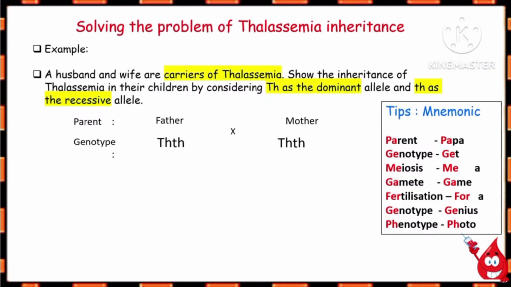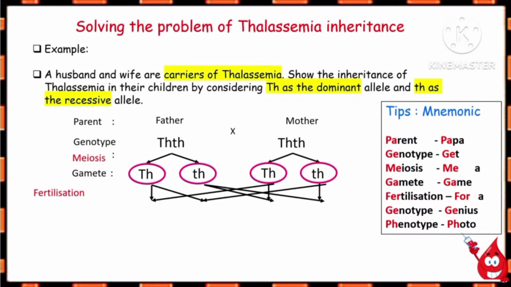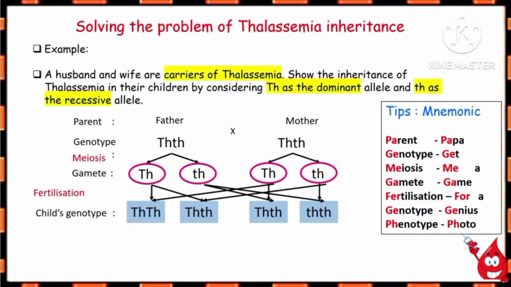Okay, next, you have to write the process involved to get the gametes. For the gametes, you will have these two types of gametes. Alright, next, after the gametes is another process which is fertilization. Fertilization involves the cross between the gametes and you will get the genotype. So these are the genotypes of the child.